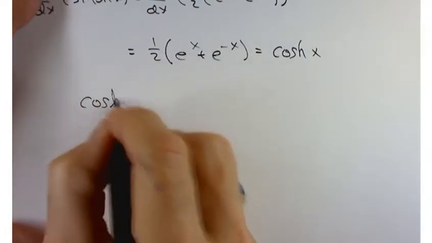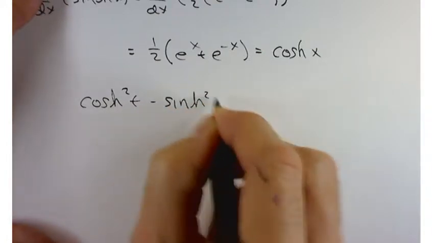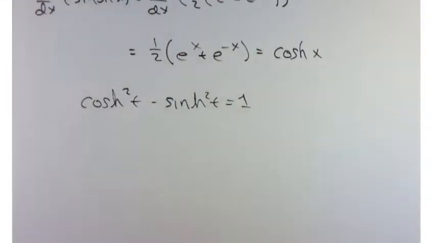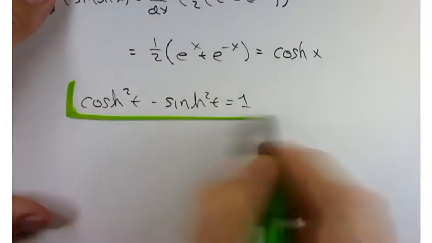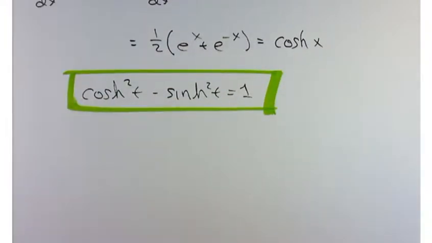Hyperbolic cosine squared, or cosh squared, minus sinh squared equals 1. That's the one identity that I want you to know. You can get and prove more identities based on this one, but this is the one that you should know. Like I said, I'm not going to go crazy on these things. I will show you how to work with this. We'll do one example.